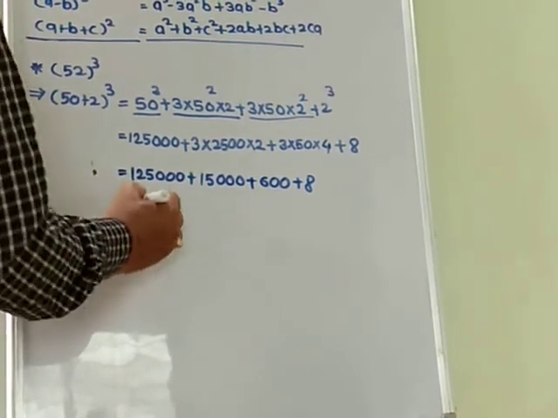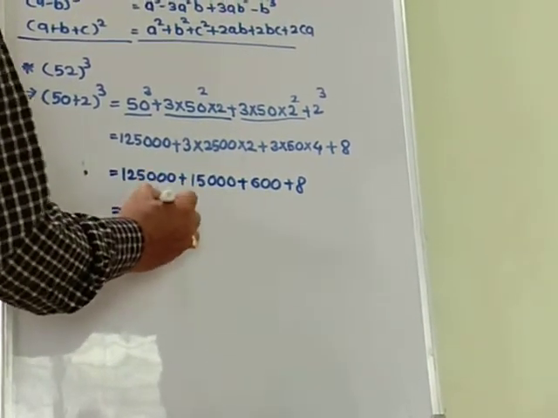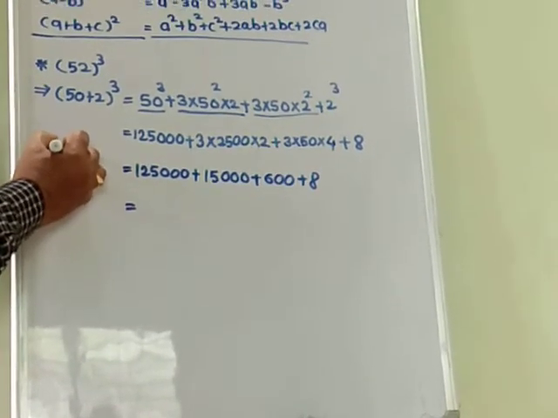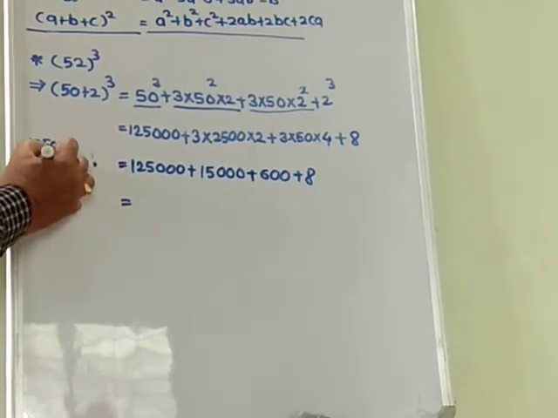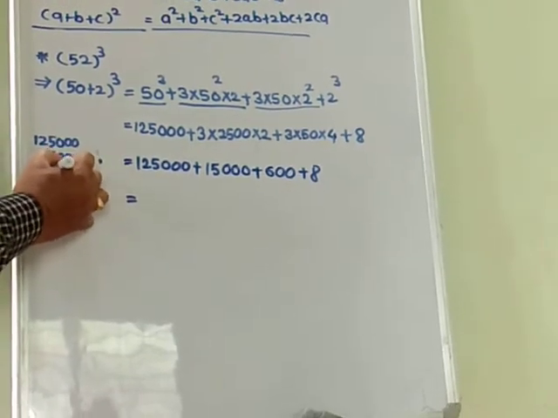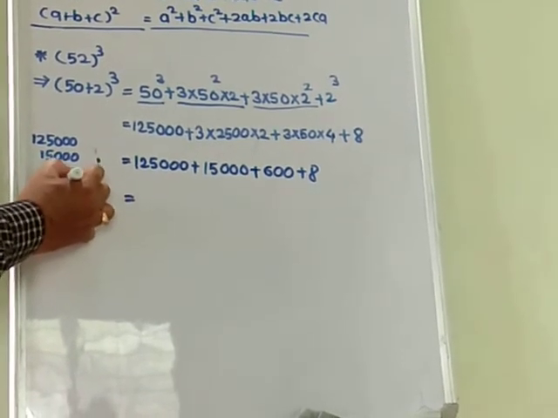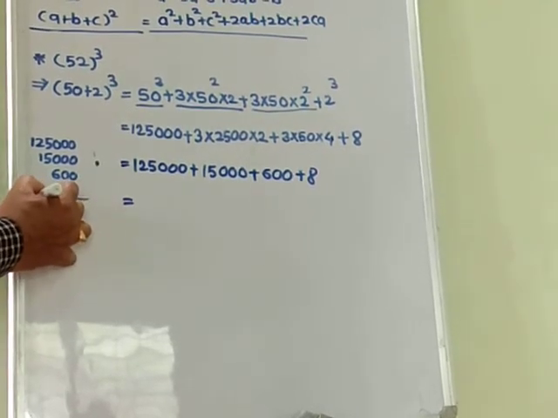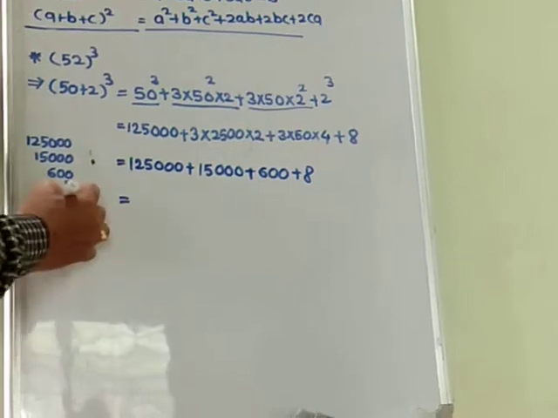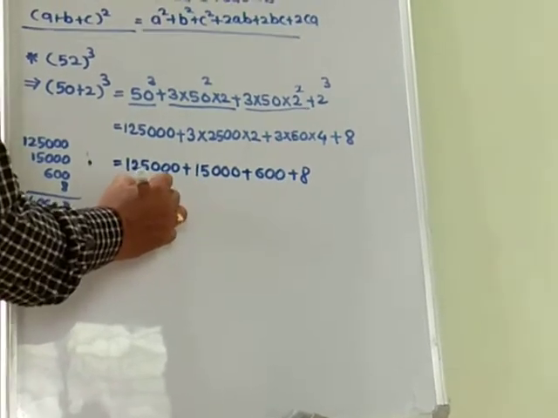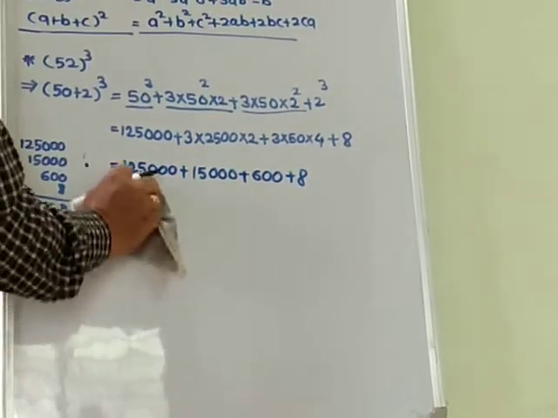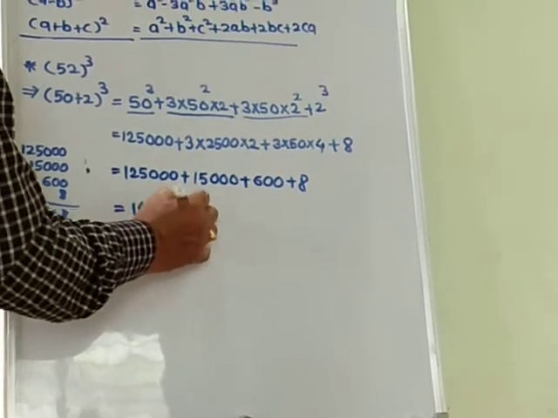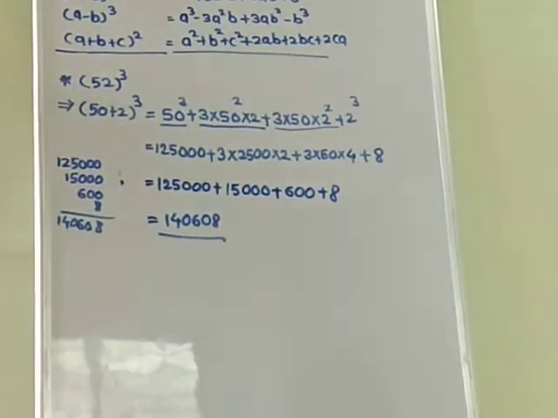If you write it down, the answer of this is 132,651 (approximately, as computed in the lecture). This is the answer of this.